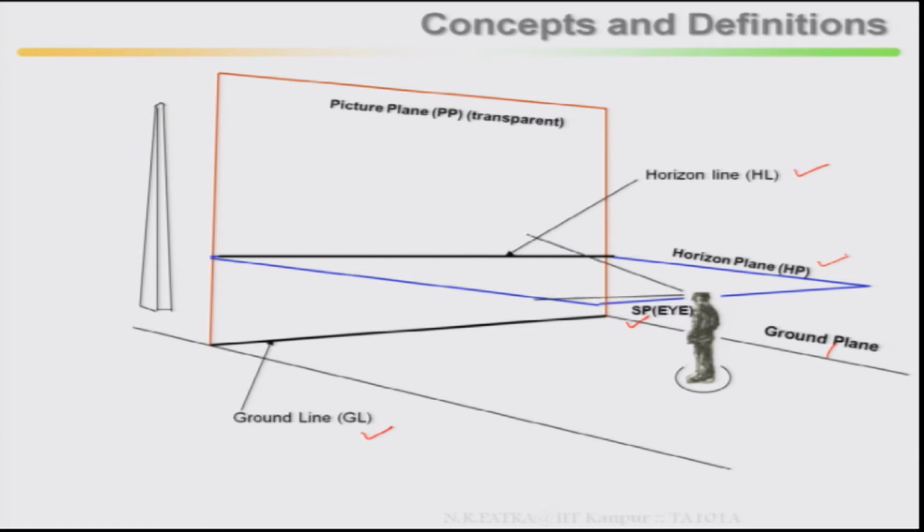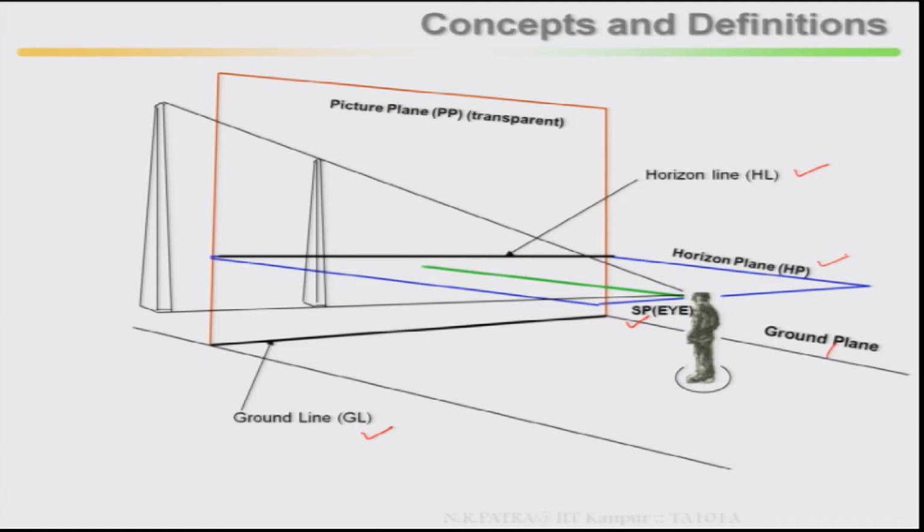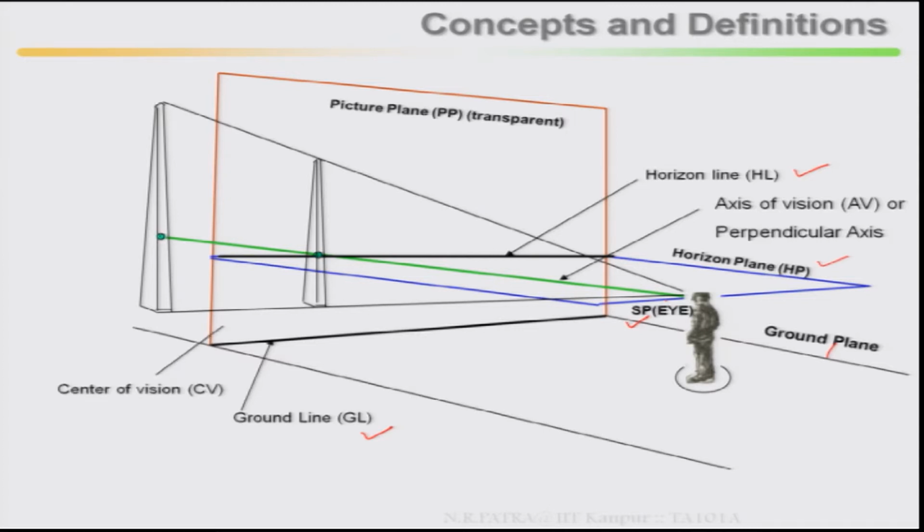Then come here. This is your object. Look at this object in your picture plane, or in a transparent sheet. Now take the ray from your eye, the axis of vision.